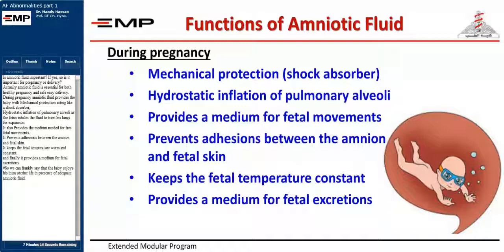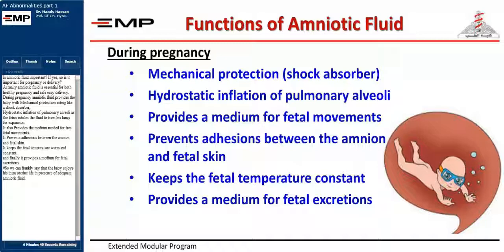It provides hydrostatic inflation of pulmonary alveoli as the fetus inhales the fluid to train his lungs for expansion. It also provides the medium needed for free fetal movements. It prevents adhesions between the amnion and fetal skin. It keeps the fetal temperature warm and constant. And finally, it provides a medium for fetal excretions.